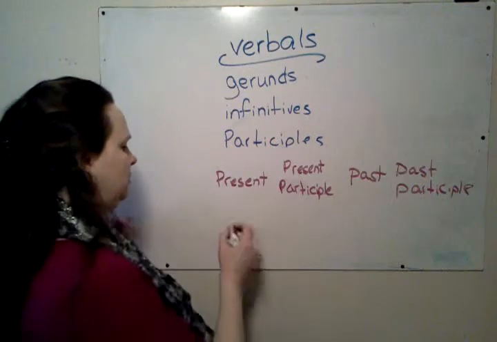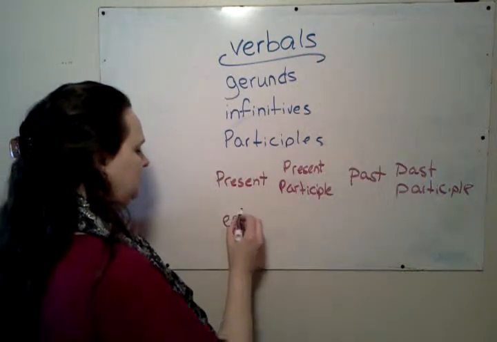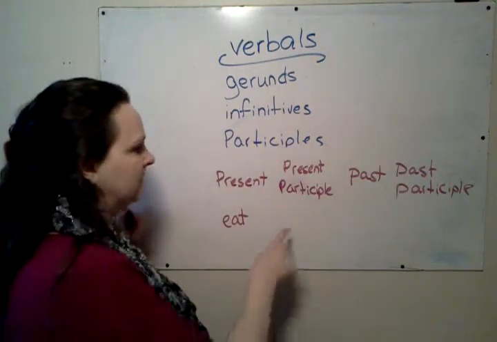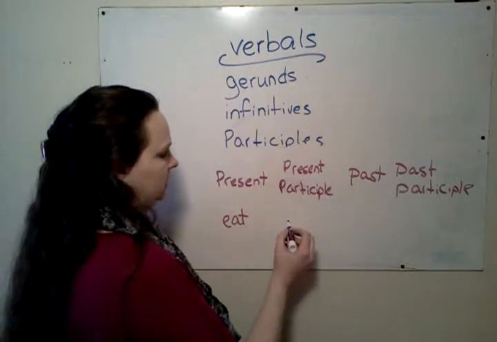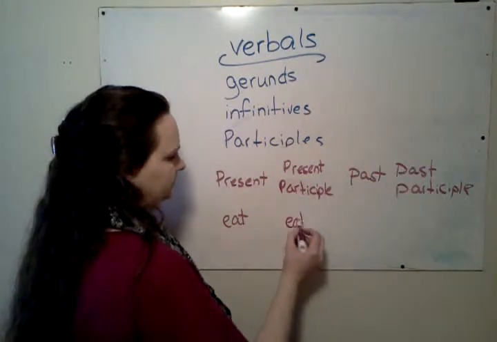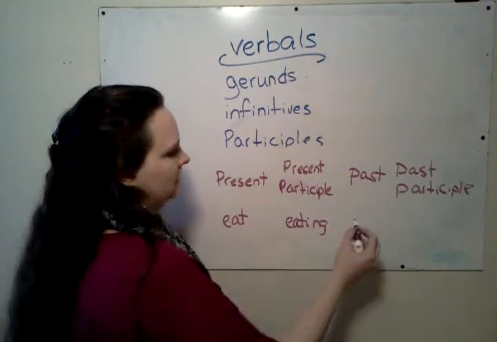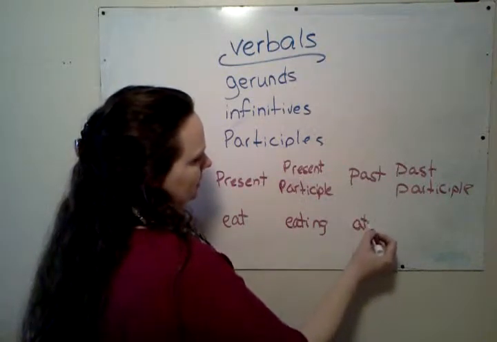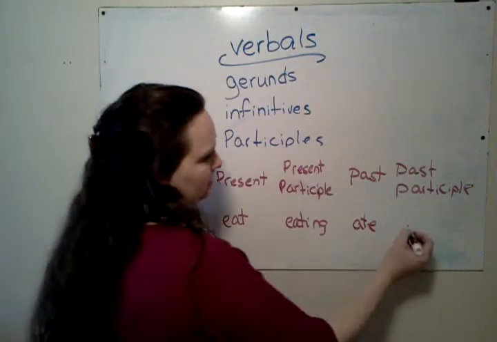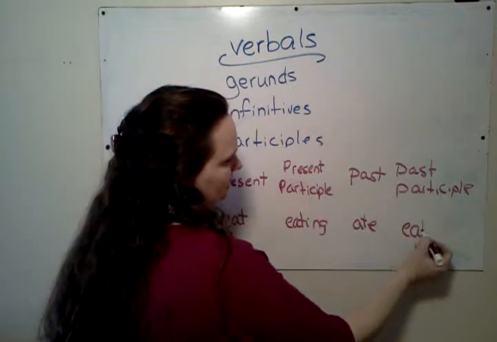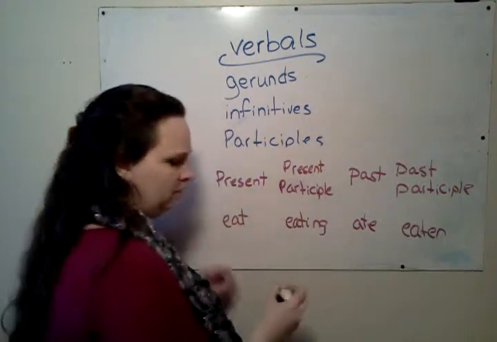In the present form, we have eat or eats. The present participle is eating, and it has to have a helping verb, you know, is eating, am eating. The past form is ate, and the past participle form is eaten. Have eaten, has eaten. It has to have a helping verb too.